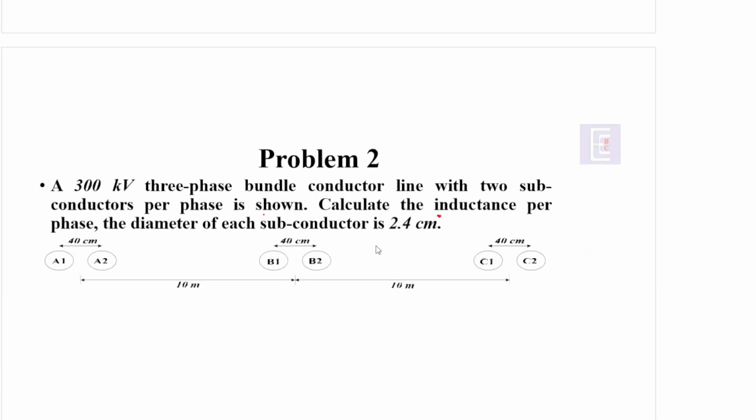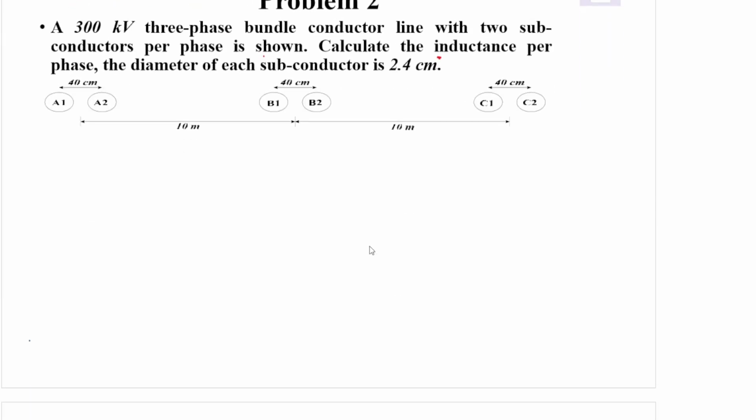Let us solve another problem. This is a single circuit scheme with bundle conductor. Now you see A1 A2 constitutes a bundle conductor.